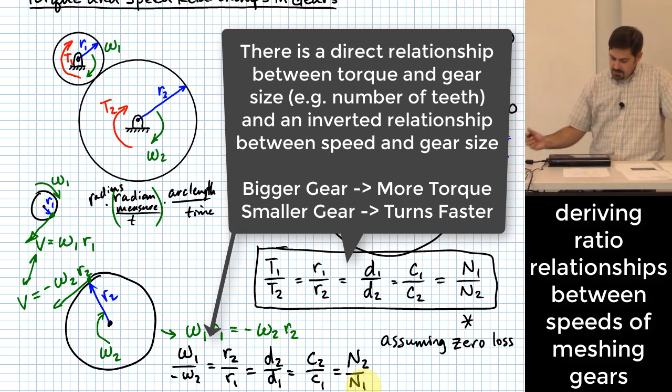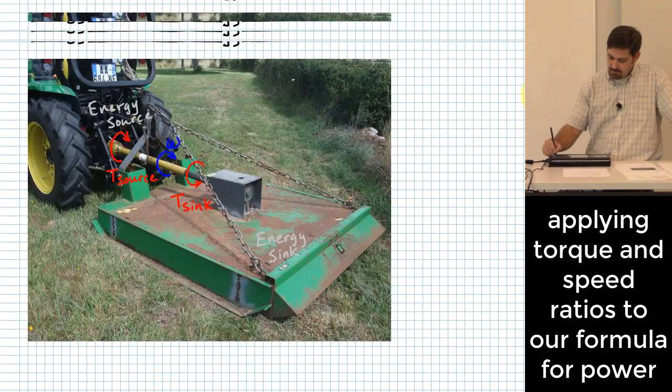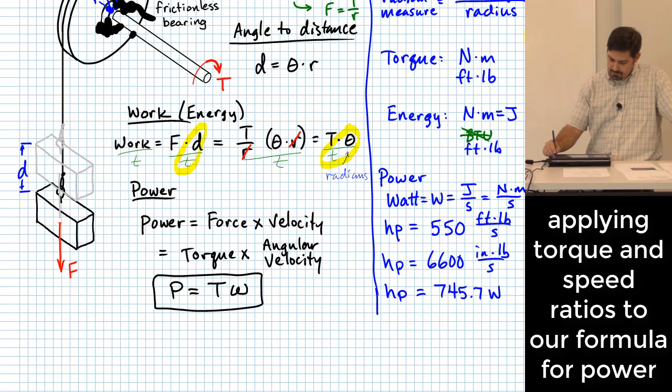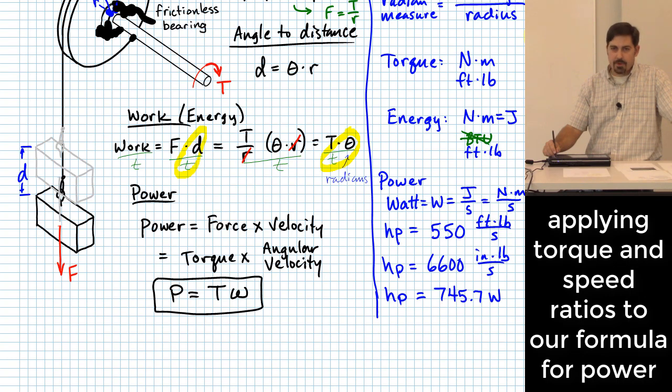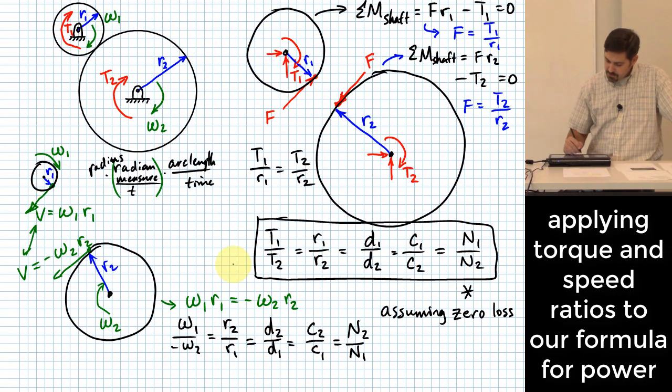All right. So over here we had our relationships for speed, and then over here we have our relationships for torque. But let's go back and try to remember what we had for power. What was our equation for power? Torque times omega, right? So what if I combine these relationships?